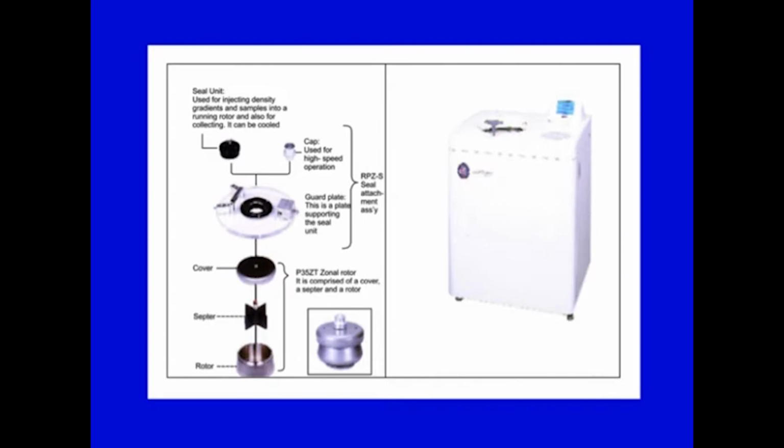After separation, the separated sample is taken out through the center by injecting high density liquid from the outside wall of the zonal rotor while the rotor is running. So there are two types of batch type rotors: one where loading and unloading is done while the rotor is spinning, and one where loading or unloading is done when the rotor is at rest.